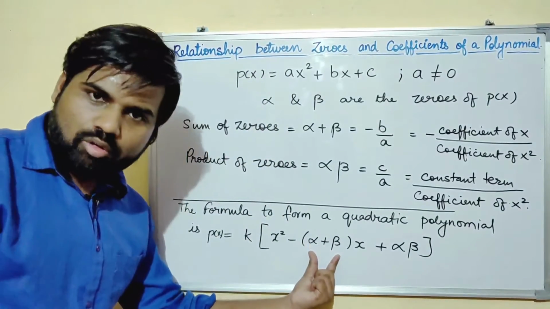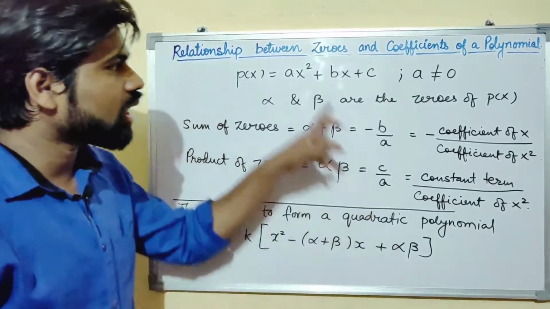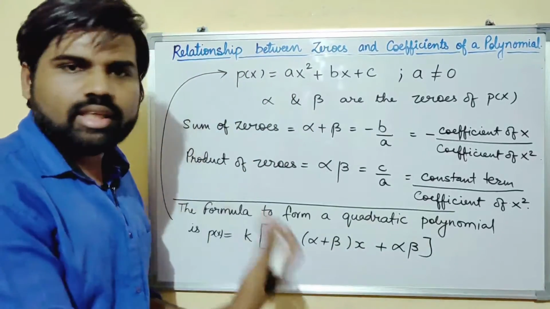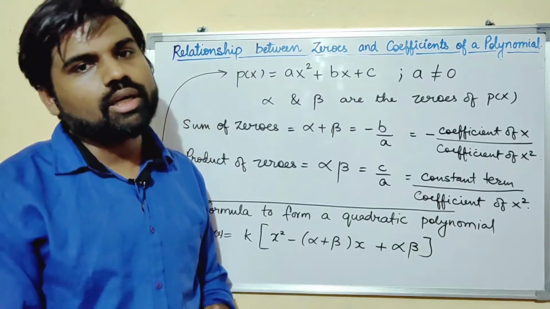If you know the sum of zeros and the product of zeros, you can construct the polynomial. Let us see some examples based upon it, then you will understand it better.